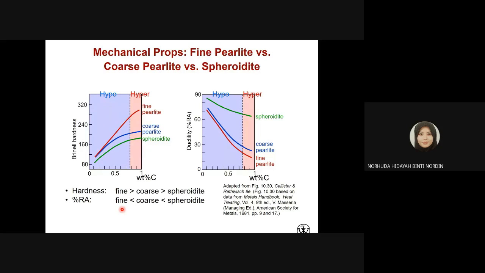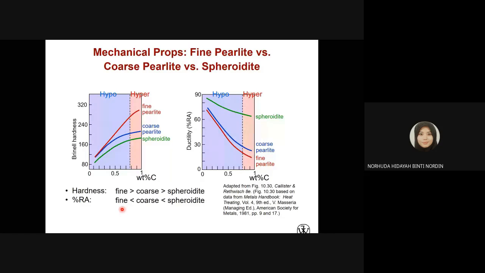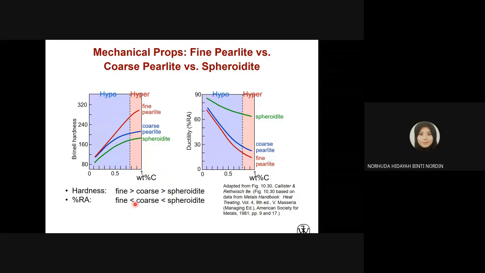I mean, fine pearlite, fine grain will have lower ductility compared to coarse pearlite and spheroidite. So spheroidite is very hard, that's why ductility is very low. Fine pearlite, fine structure, has more ductility than spheroidite.